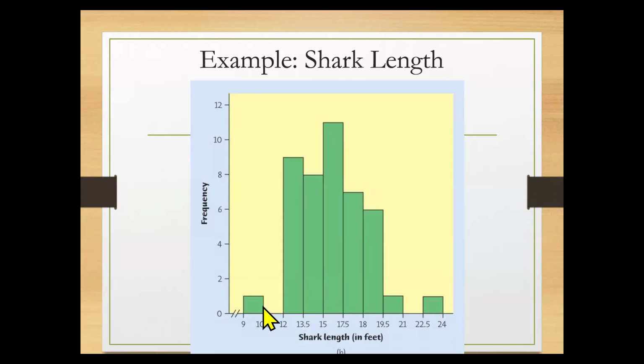Just because there's a space here, it just means there weren't any measured in that bin. It doesn't necessarily mean that this observation is an outlier. Now, if you're looking at this graph and thinking it looks a little funny, it doesn't look perfectly normally distributed, you're right. There's something weird going on here.